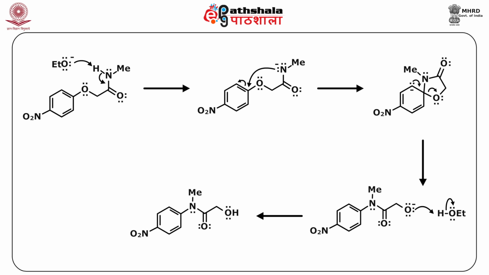Now notice students, in the mechanism of Smiles rearrangement, how the ethoxide ion is actually taking out the proton and making the end group amine act as a nucleophile, which further attacks the carbon which is attached to the oxygen, that is the ring carbon which is directly attached to the oxygen as a heteroatom.